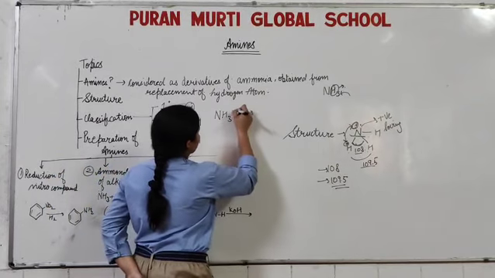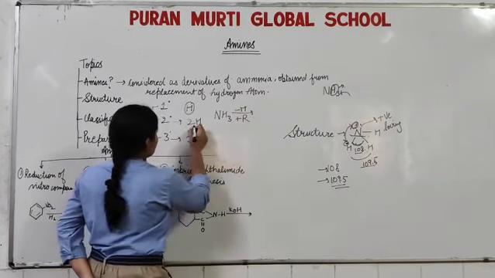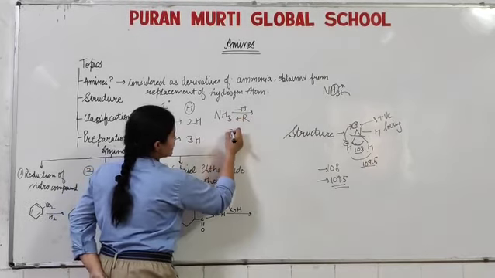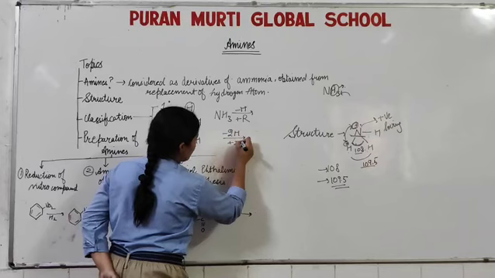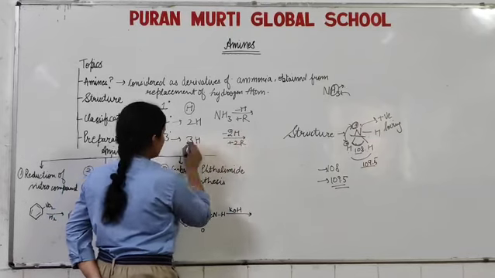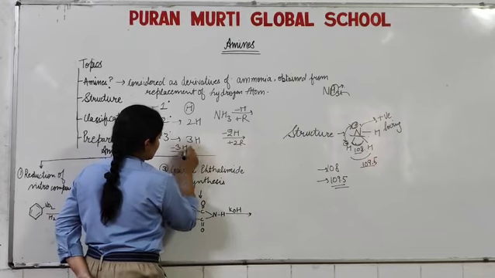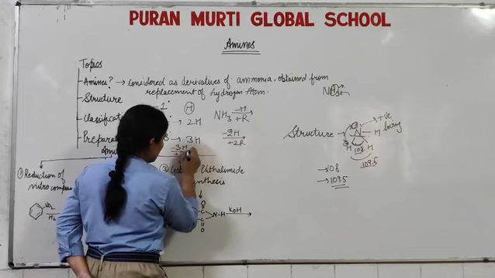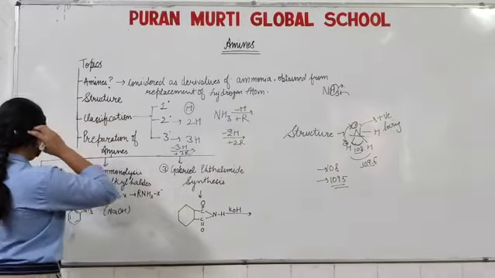For primary we will replace one H and add one R. In secondary similarly we'll replace 2 H and add 2 R's. And for tertiary we'll replace 3 H with 3 R's. This is the classification of amines.